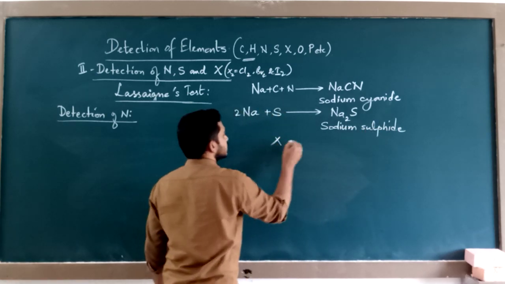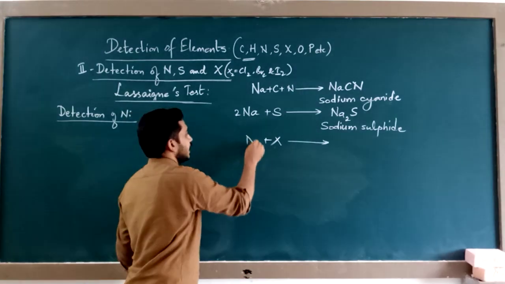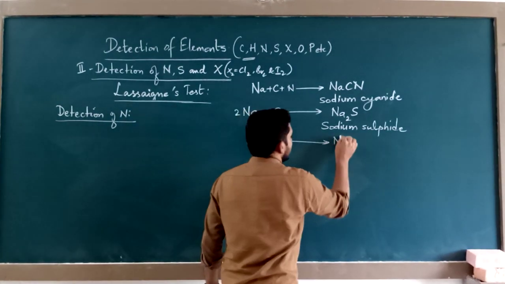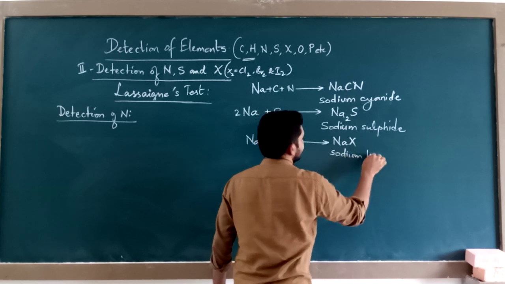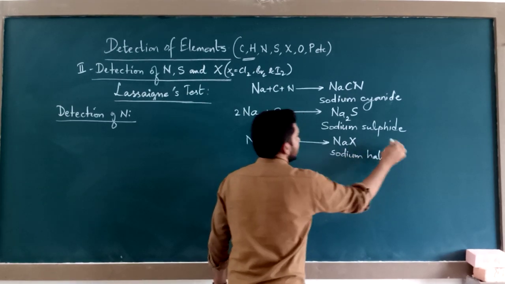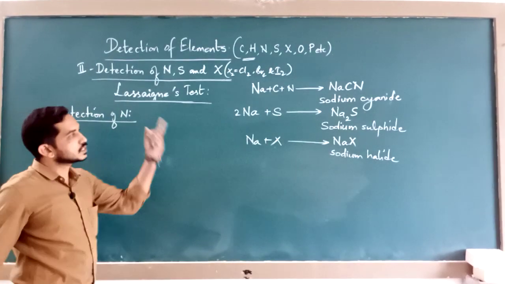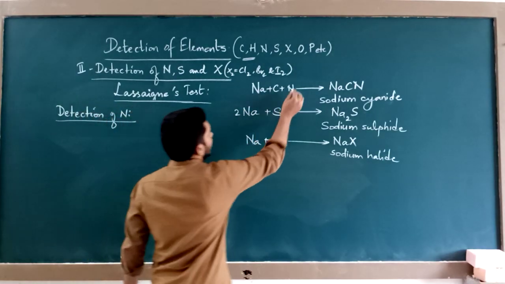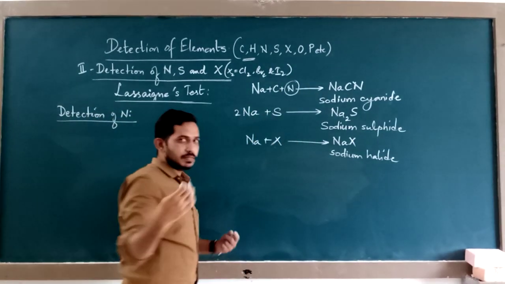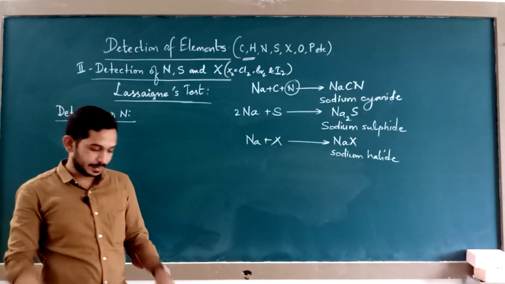Similarly, if it was containing halogens, it could be chlorine, bromine or iodine, then when it reacts with the sodium, it will get converted into sodium halide. Keep these in mind. And now for detection of nitrogen, which will you select? You will select the first one because we are identifying nitrogen. So for the time being, assume that nitrogen is in the form of sodium cyanide.